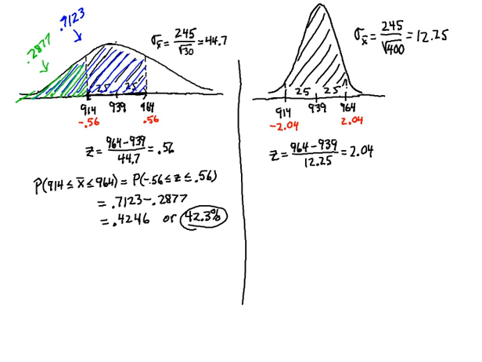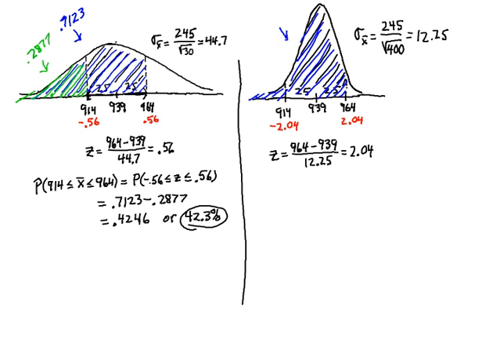So let's look up 2.04 in the normal table. And if I do that, it's going to give me the area here that I'm shading in blue, all the way from that z-score to the left end.